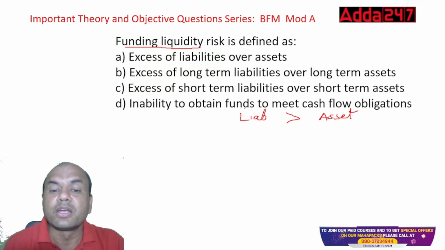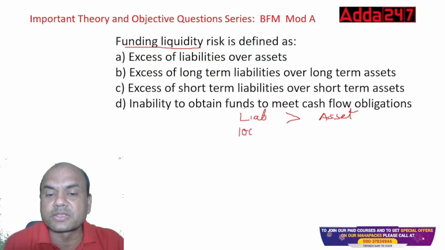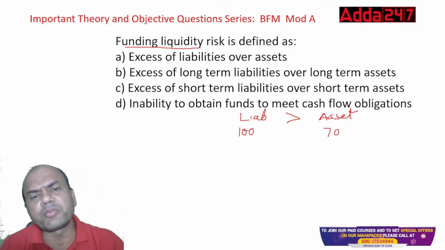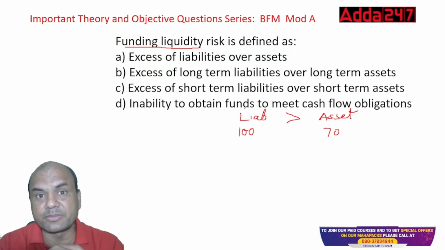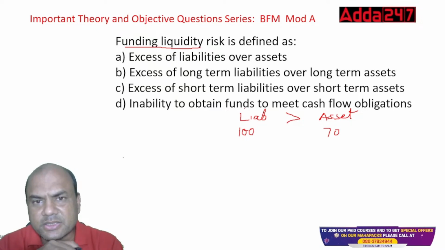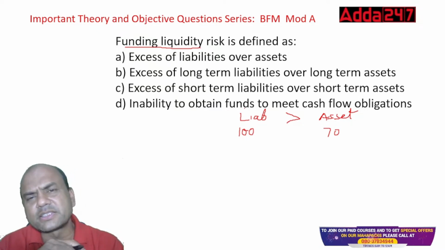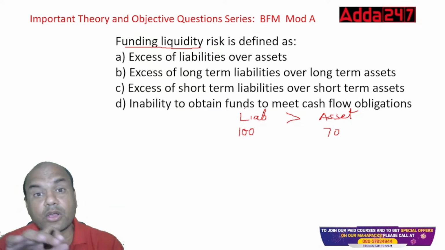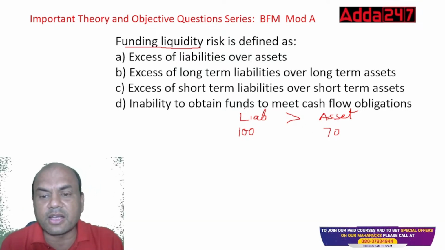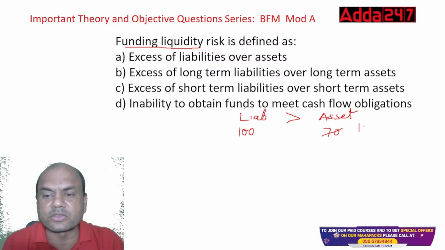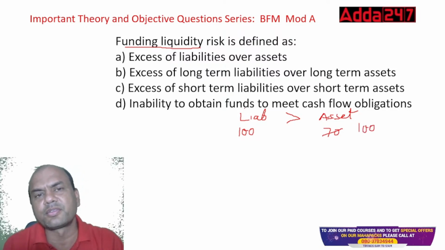Whenever I have deposits of let's say 100 rupees and loans of let's say 70 rupees, will it be a problem for me as a bank? Do I have a problem in this case? Just check your bank's loan and deposit ratios. Is it always 100? Let's say this is 100, this is also 100. Is it always 100?